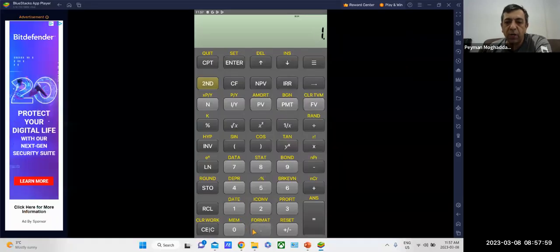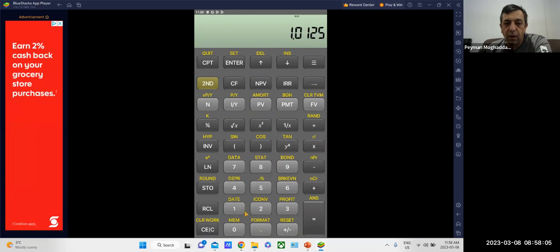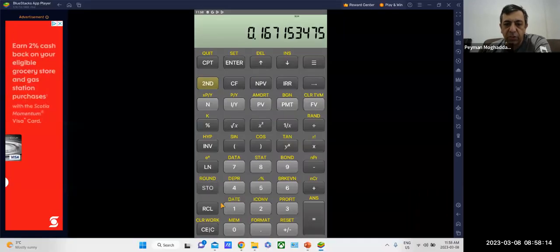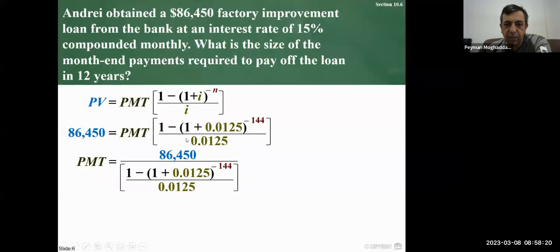So 1.0125 to the power of 144, negative sign, equal to, okay, so that's going to be this guy, the whole guy, 1 minus this number. So I'm going to store this guy as the number 1, and 1 minus recall number 1 equal to, so that's going to be the whole thing on the denominator.